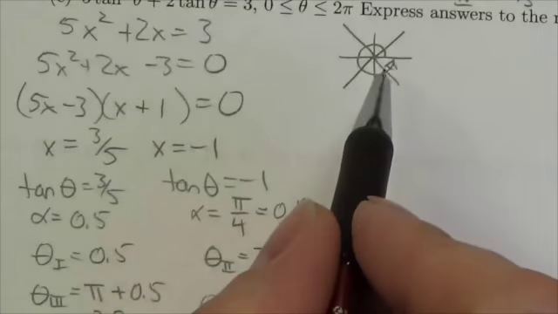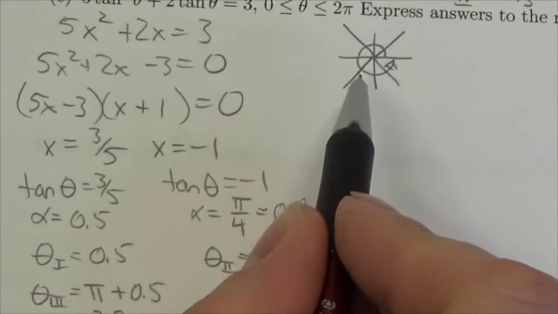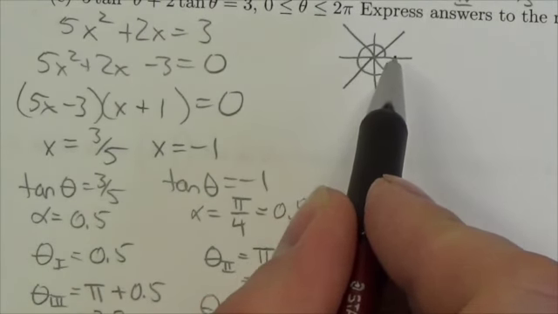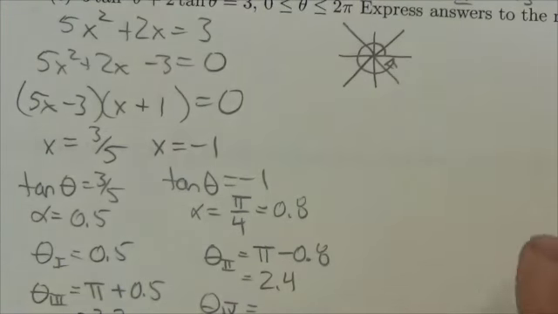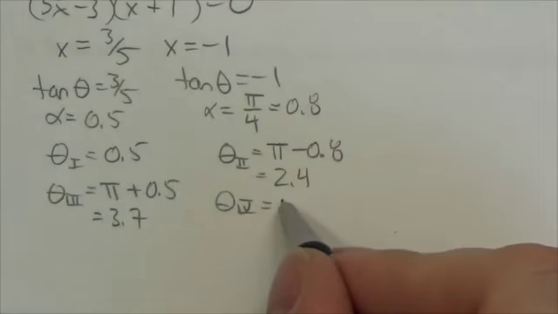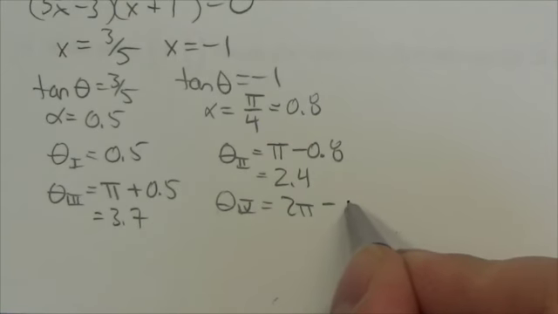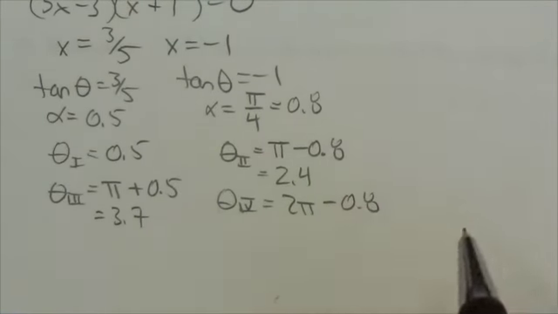Now, to get into the fourth quadrant, I come all the way around, overshoot that angle to go to 2 pi, and then I come backwards the reference angle. So that's a positive 2 pi with a negative reference angle.